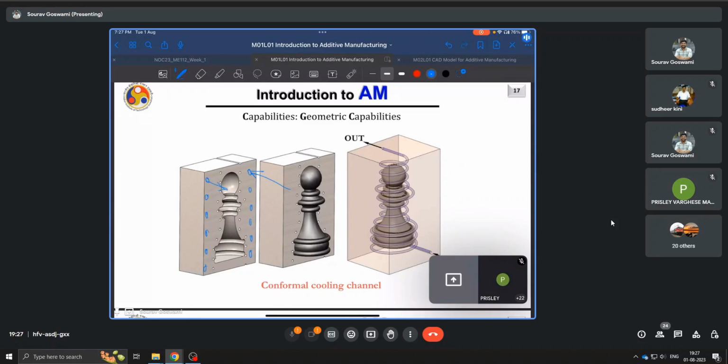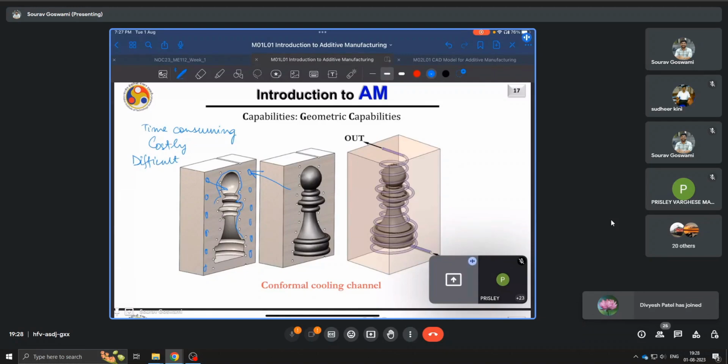But this does not actually take into account the actual intricacy of geometry of the part that you're trying to cool. Mostly because it is time consuming, costly, maybe even difficult in certain cases to achieve this.